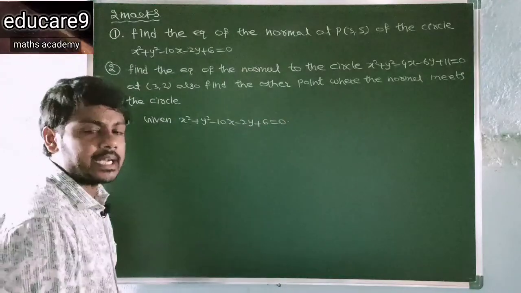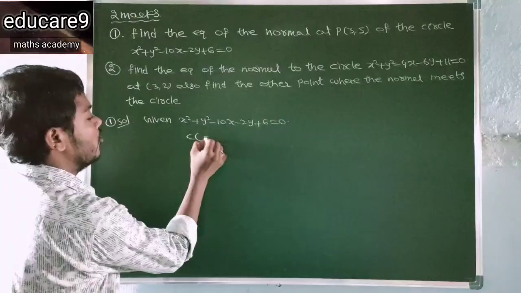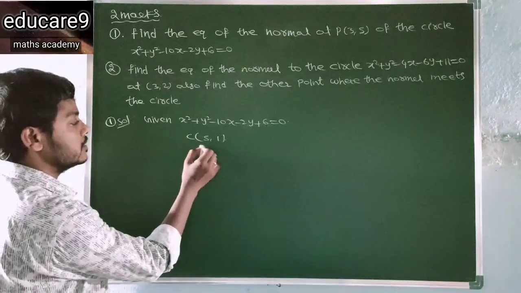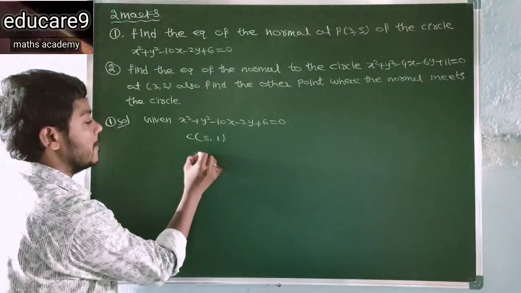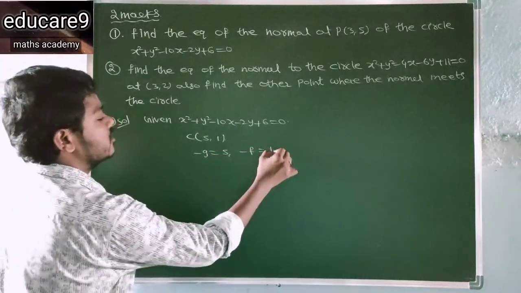So, find the center of the circle. What is the center of the circle? (5, 1). So that is minus g is equal to 5, minus f is equal to 1.